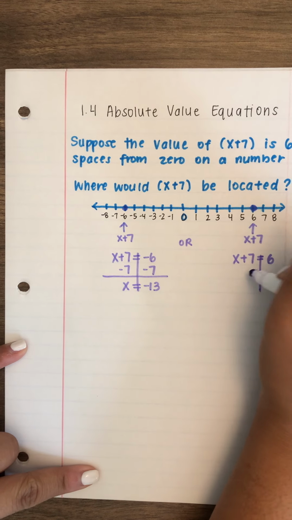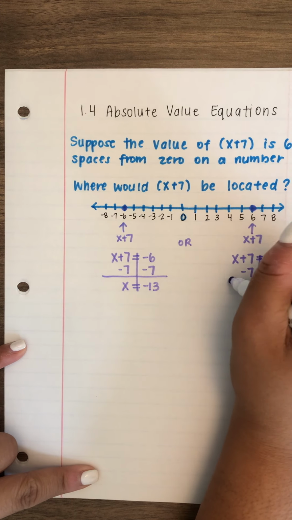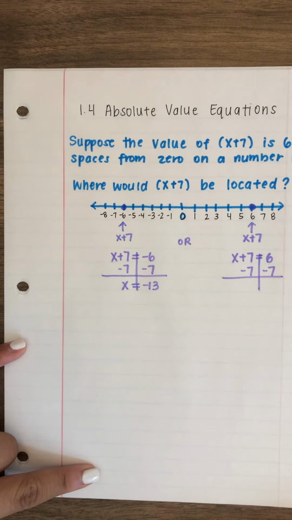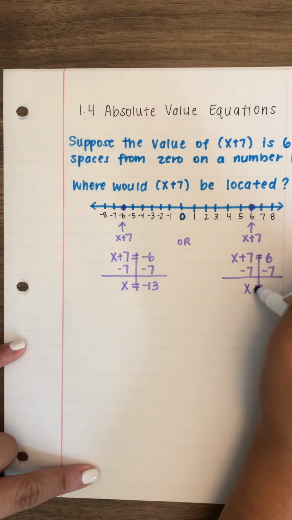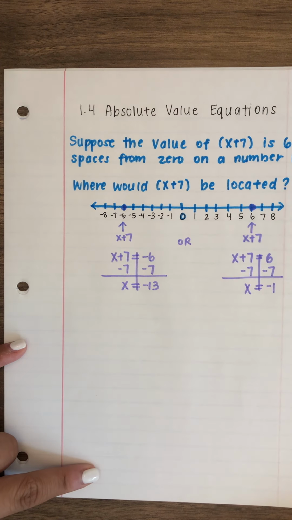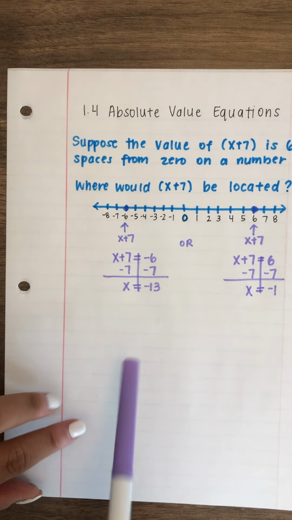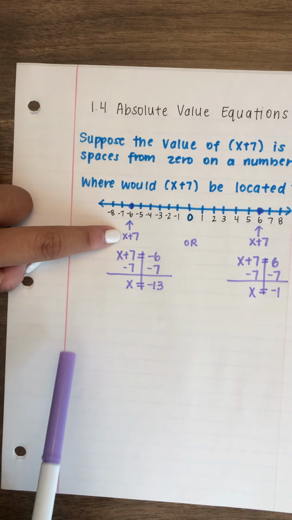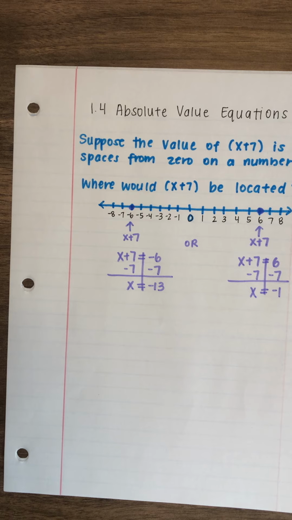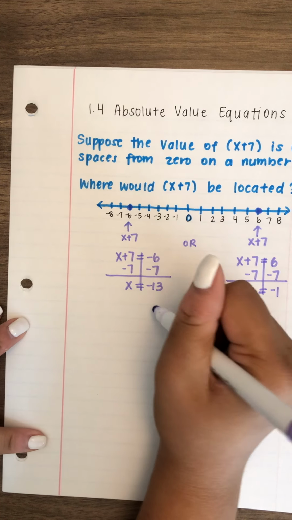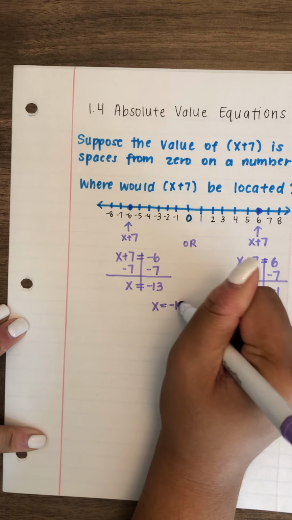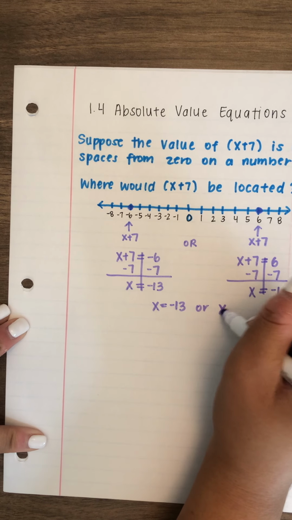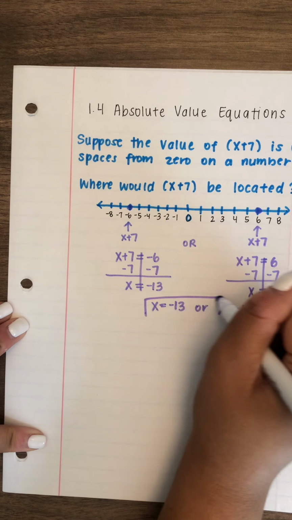I'm going to subtract 7 to undo the adding 7, leaving us with x equals -1. So in order for x plus 7 to be 6 spaces away from 0 on a number line, x either needs to be -13 or x equals -1.